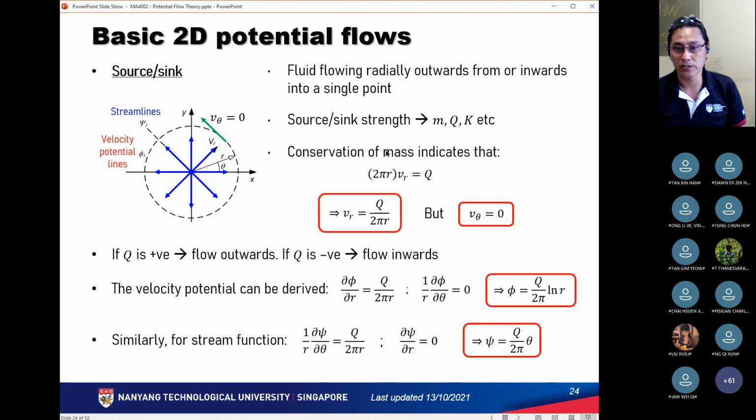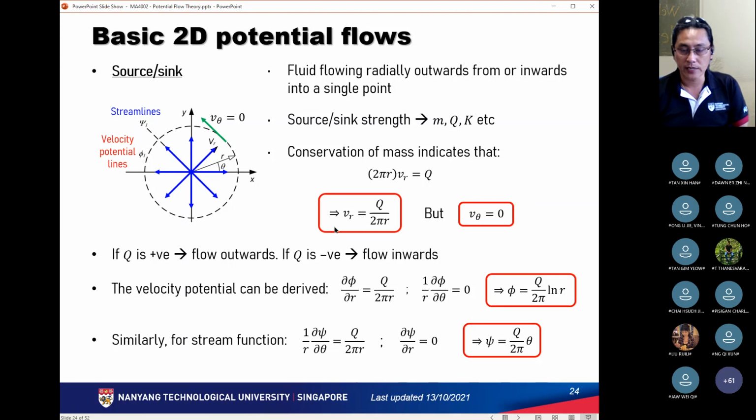How do I know it's a source? Because there's no negative sign here. If Q is positive, flow is coming out from that point. If Q is negative, flow is going into that point. So in this case, Q is positive, so we're talking about a source. If you're talking about a sink, you can just put a minus in front of the Q.